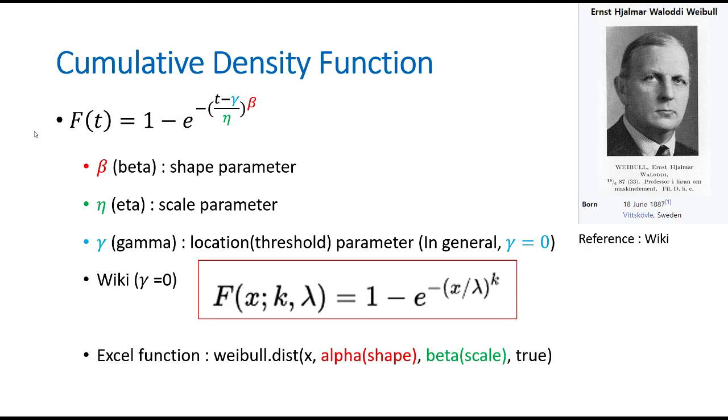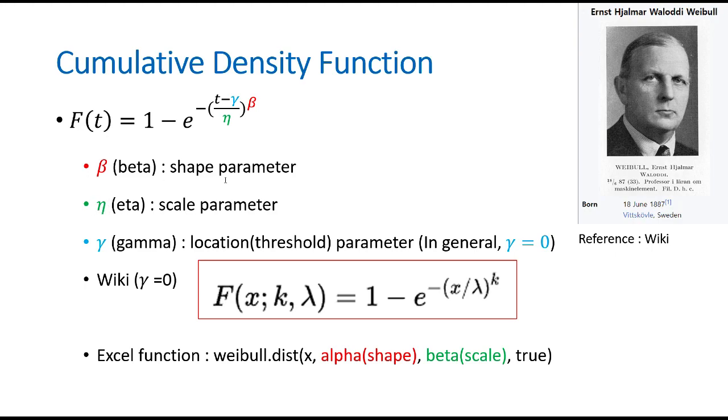This is the cumulative distribution function for survival for the Weibull distribution. As you can see, there are 3 parameters: beta, eta, and gamma. We typically set gamma as 0 because we can standardize the time variable. So the most important parameters are beta and eta.